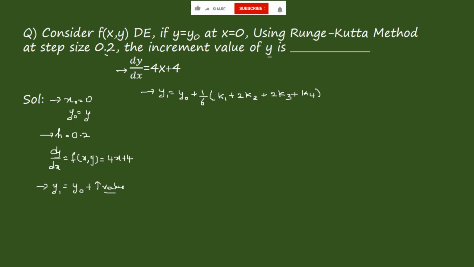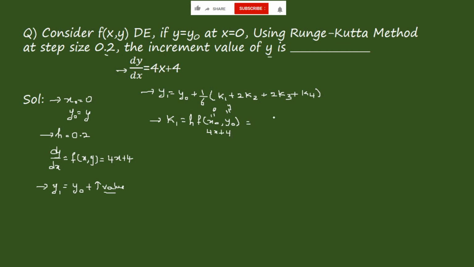So we have to find the values of k1, k2, k3 and k4. Here the value of k1 is equal to h into f of x naught comma y naught. x naught is given as 0, y naught is y. The function here is 4x plus 4.